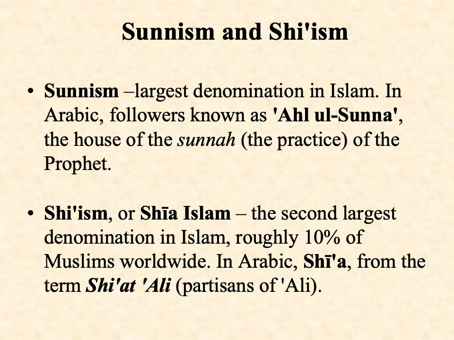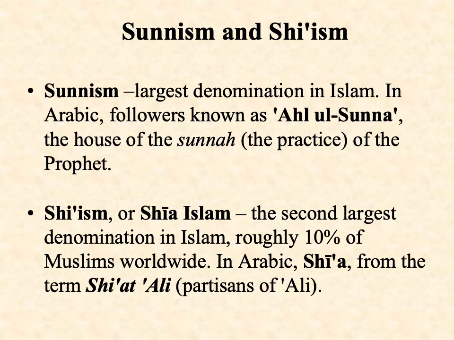Hence why Sunnis are often known as Ahl al-Sunnah, right? The followers of the practice of the Prophet. And we're not going to get into it too much, but in some way Sunnism develops in reaction to Shiism, right? Kind of rejecting the idea that the leadership somehow should have belonged to the descendants of Ali and that somehow the bloodline should matter in this regard, right?